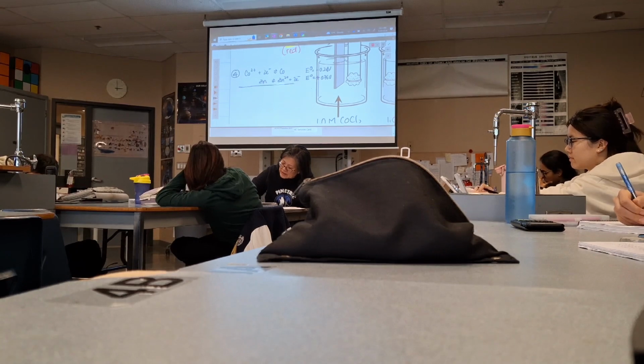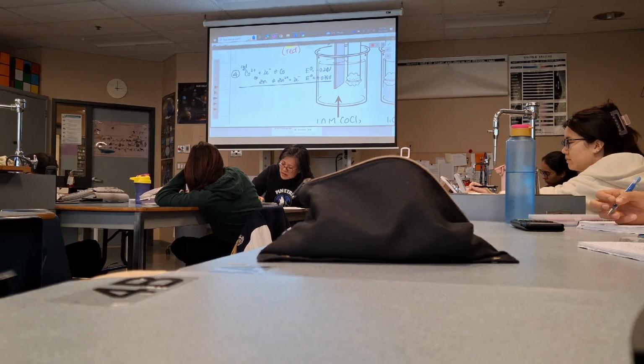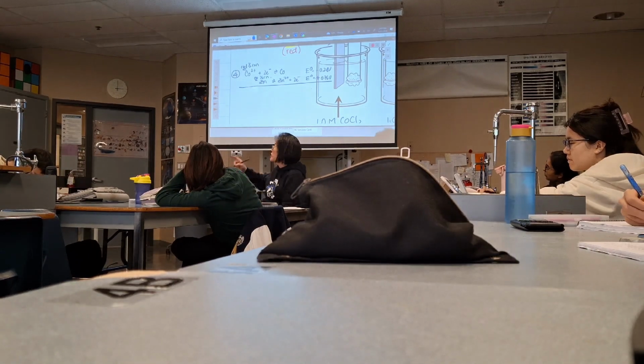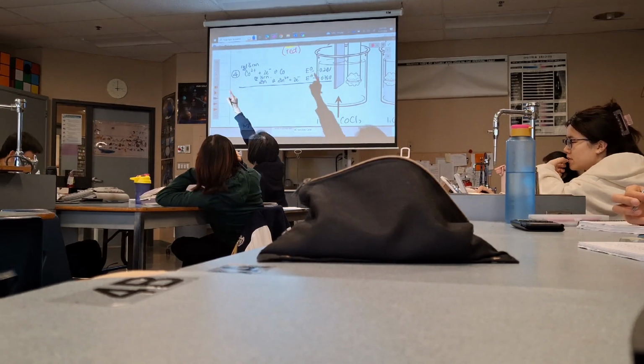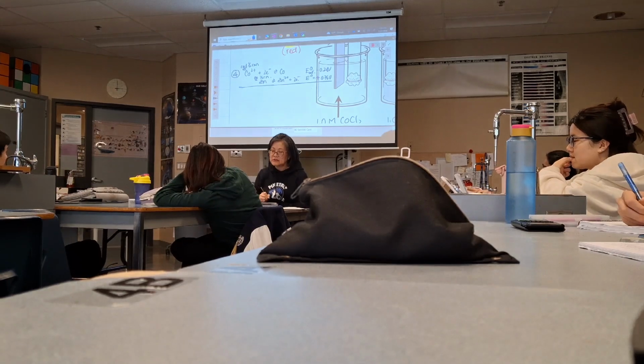Now, before we go any further, notice that this first reaction is the reduction reaction. The second one here is the oxidation half reaction. So therefore, I'm going to put a subscript here. This top one here is for the reduction.